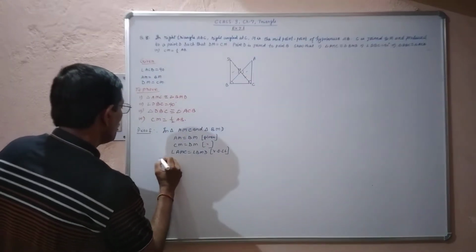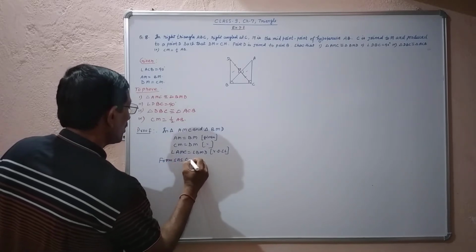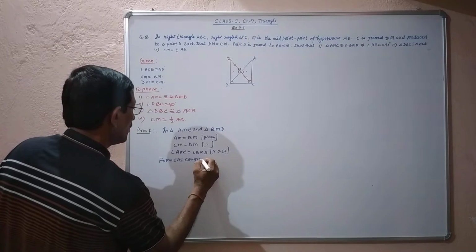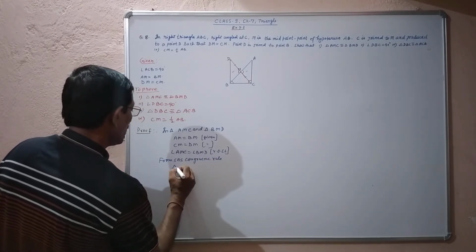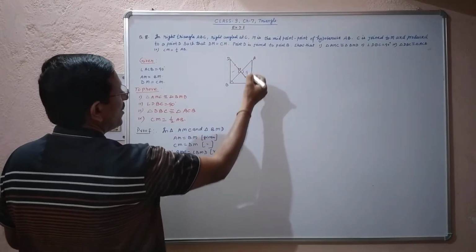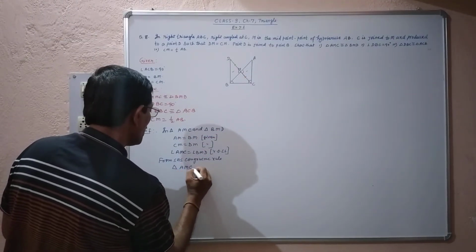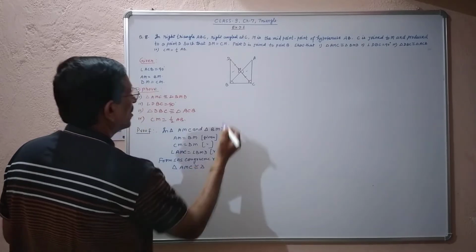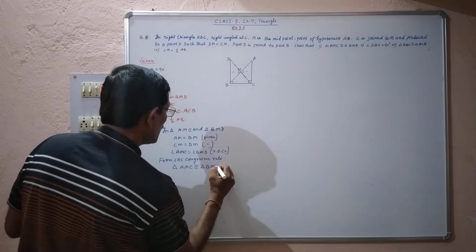So from the SAS congruency rule, triangle AMC is congruent to triangle BMD.